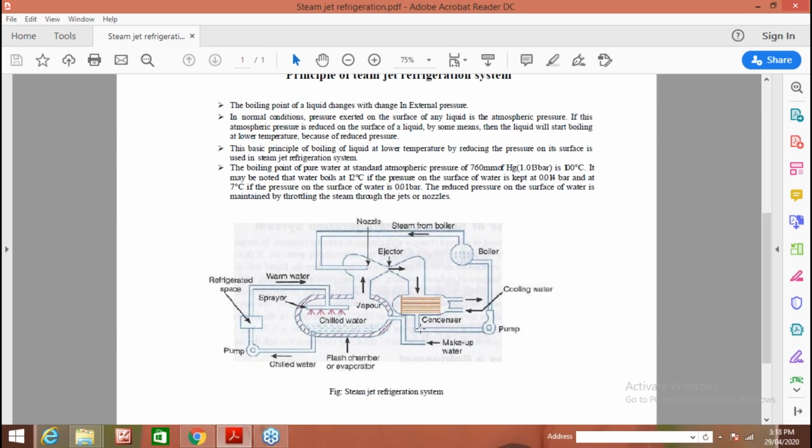Now this steam becomes condensate, liquid water, and goes to the boiler, where steam is formed again. This steam goes again to the ejector, extracts the vapor, and goes again to the condenser. This cycle continues. Water is used as refrigerant, and the boiling point of water depends on pressure. By using this principle, cooling is achieved here.